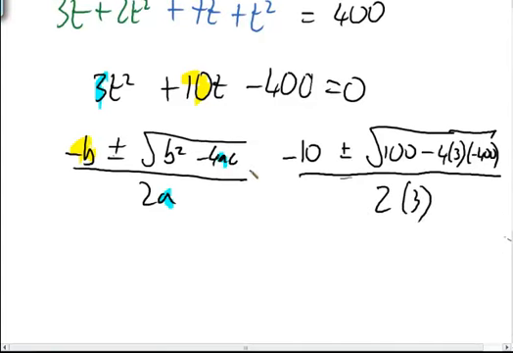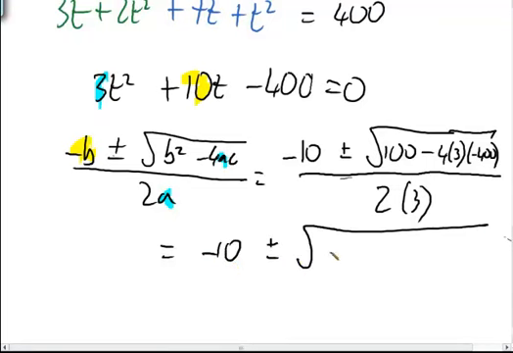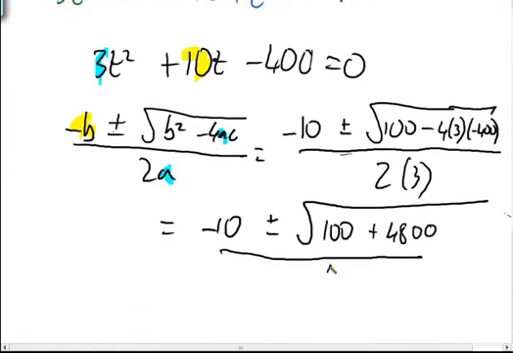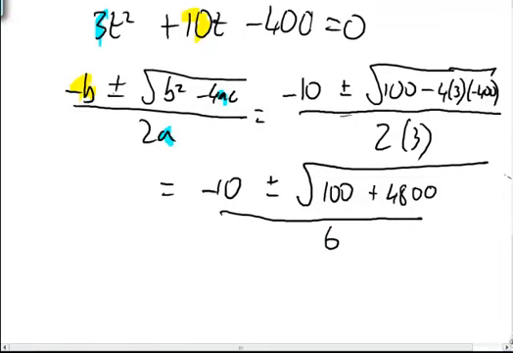Be very careful with the signs of this. Minus 10 plus or minus the square root of 100 minus 4 by minus 3 is minus 12. Minus 12 by minus 400 is 4,800. It's going to be a plus anyway. 4,800 all over 6. Is that correct? Yep.